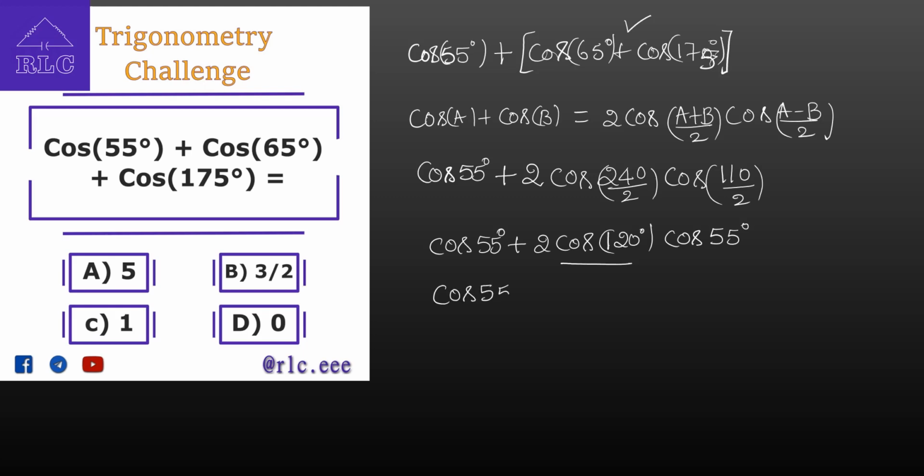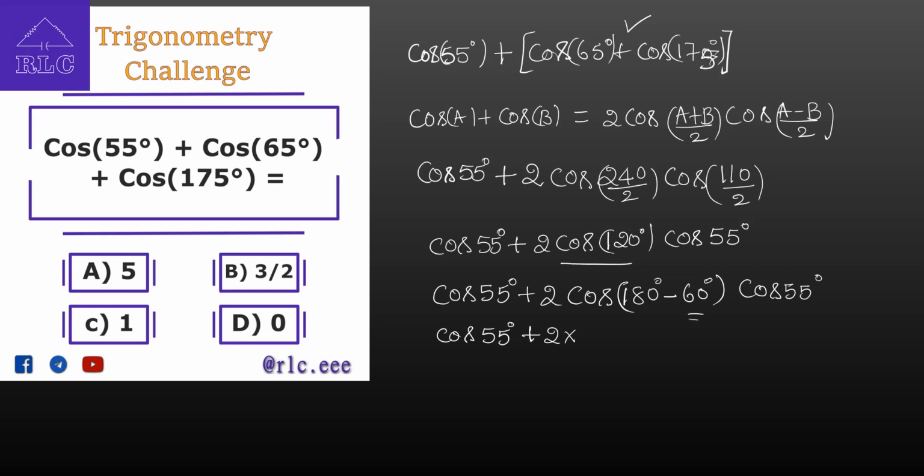Cos 55 degrees plus 2 into cos of, this can be written as 180 degrees minus 60 degrees, into cos 55 degrees. What do you mean by cos 180 degrees minus x?